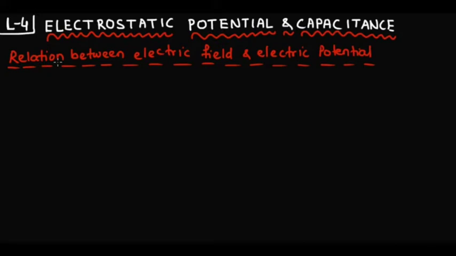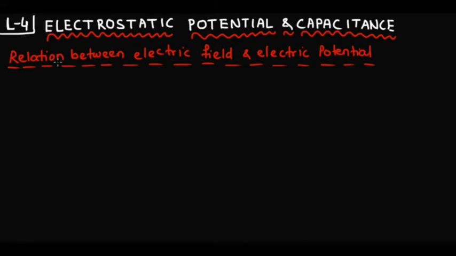In chapter 2, we had discussed electric potential, which is a scalar quantity, and how to calculate the electric potential due to a point charge and due to a dipole. So now let us establish a relationship between these two quantities, electric field and electric potential.